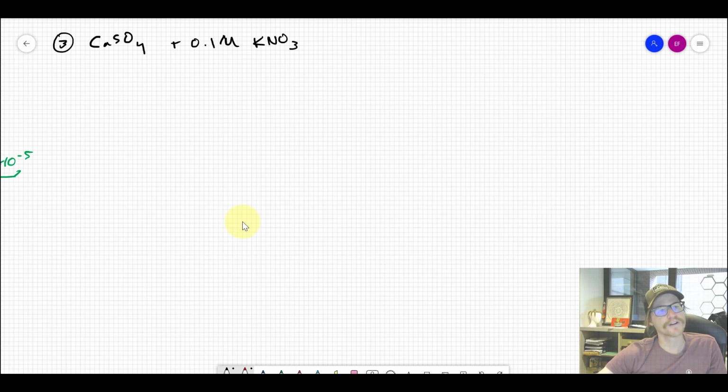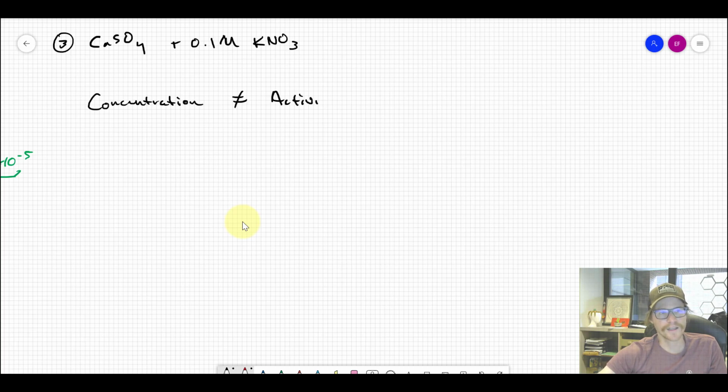In order to understand this, we have to understand that the concentration of ions is governed more explicitly by this notion called activity. So concentration and activity are related to each other, but they're not the same.